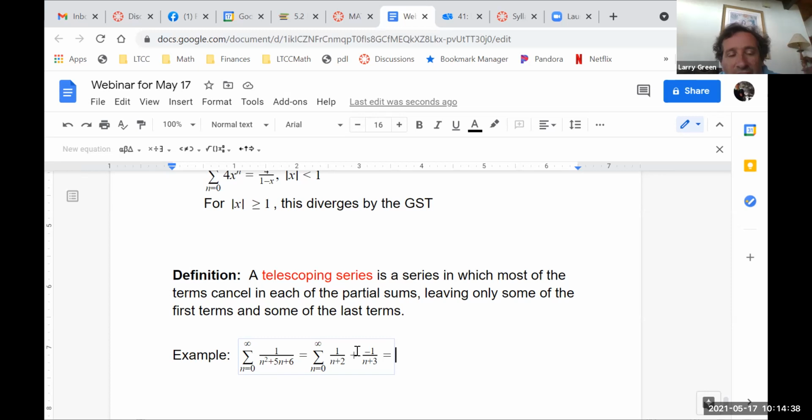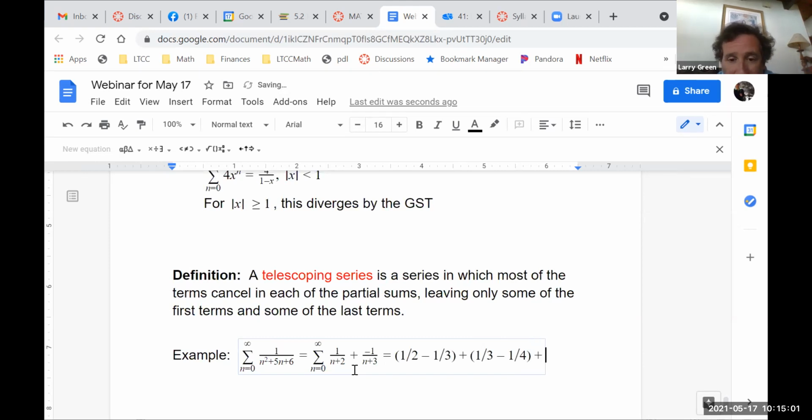So here's the thing we're going to do now. Let's plug in, and if n equals 0, we get 1/2 minus 1/3. Then plus, I plug in n equals 1, and I get 1/3 minus 1/4.